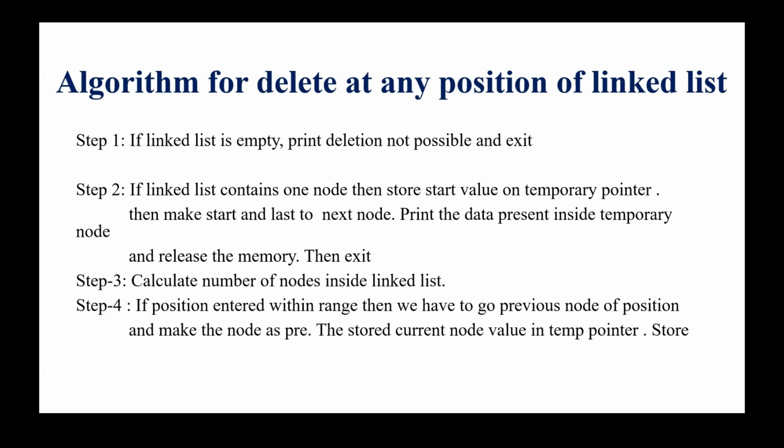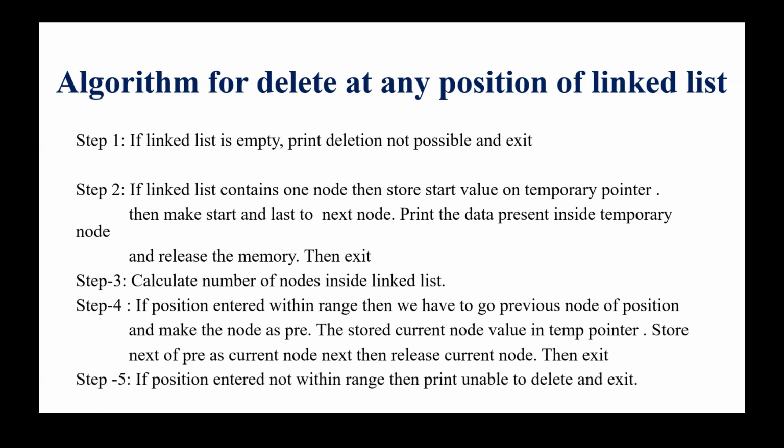Then we store the current node into a temporary pointer, and store the next of the pre-pointer, meaning the previous node of the current node, as the current node's next. Then we release the current node. Before releasing the current node, we print the value present inside it. Then we exit because deletion is already over.